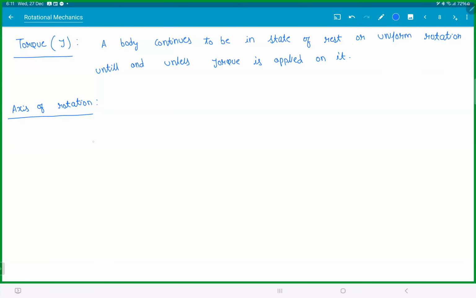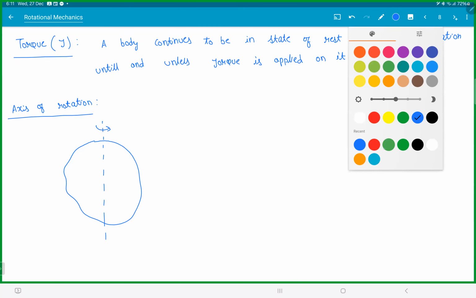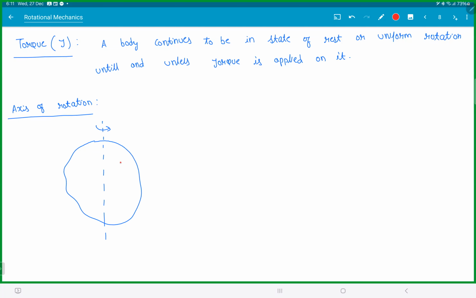So what is this axis of rotation? If you consider a body which is rotating, you'll observe that different points on the body will go in different circles. Consider a body rotating.